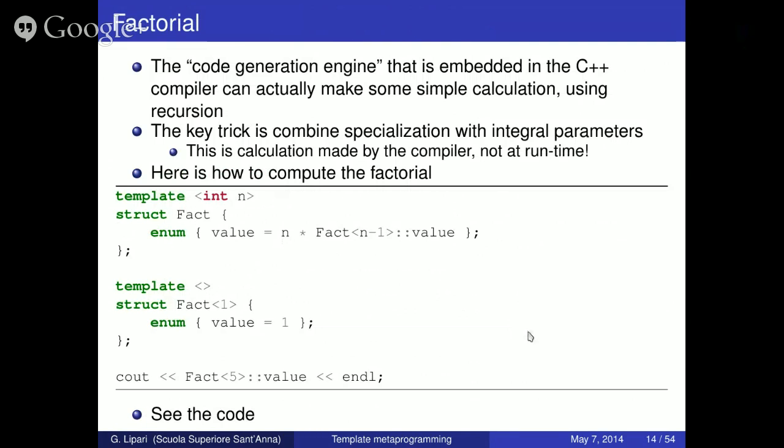Okay, and now we implement a factorial using just templates, and that's a very nice trick, because the calculation is done entirely by the compiler. So let's look at how this works. I'm writing a factorial template which takes an integer parameter n, and internally it will define an enumeration value which is equal to n multiplied by the factorial of n minus 1 value.